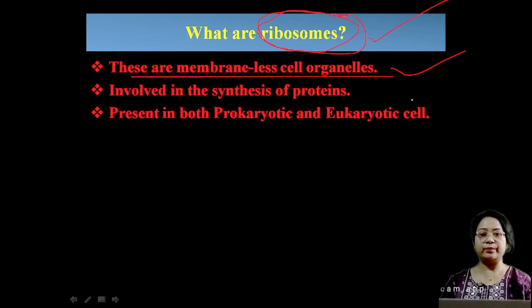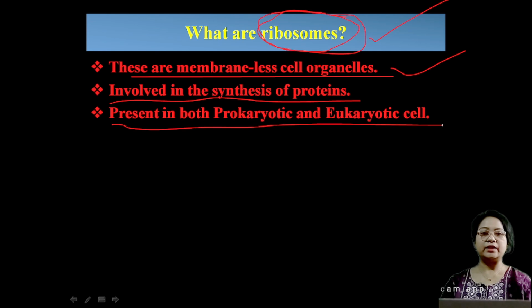So centrioles are also membraneless cell organelles, and the main function of ribosomes is they synthesize proteins, and they are present in both prokaryotic and eukaryotic cells.